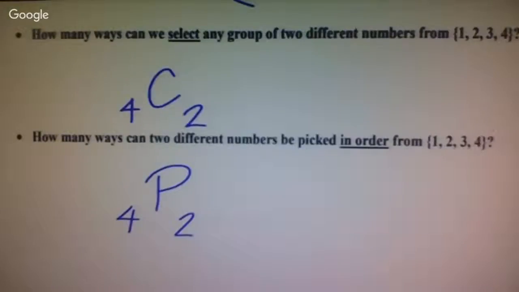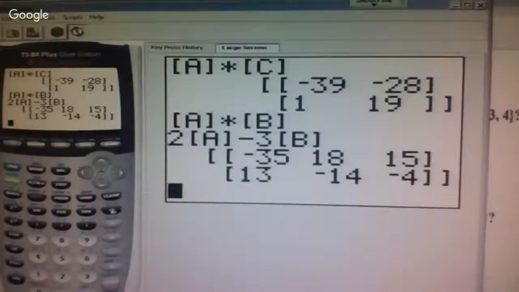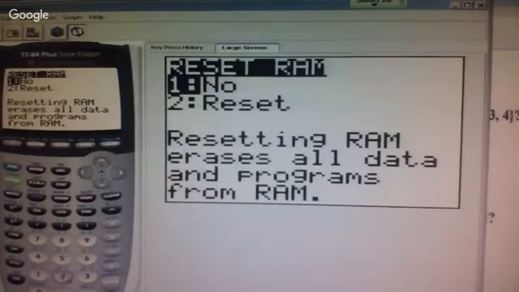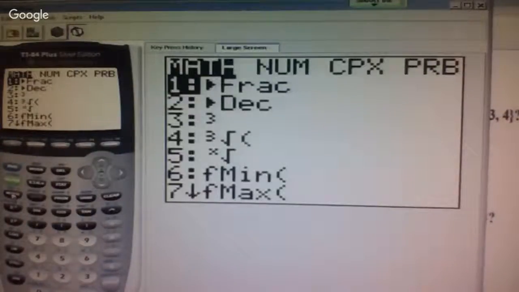All right, so in your calculators. Oh, wow, I still got matrices up here. Under the math button. Math is right below alpha.